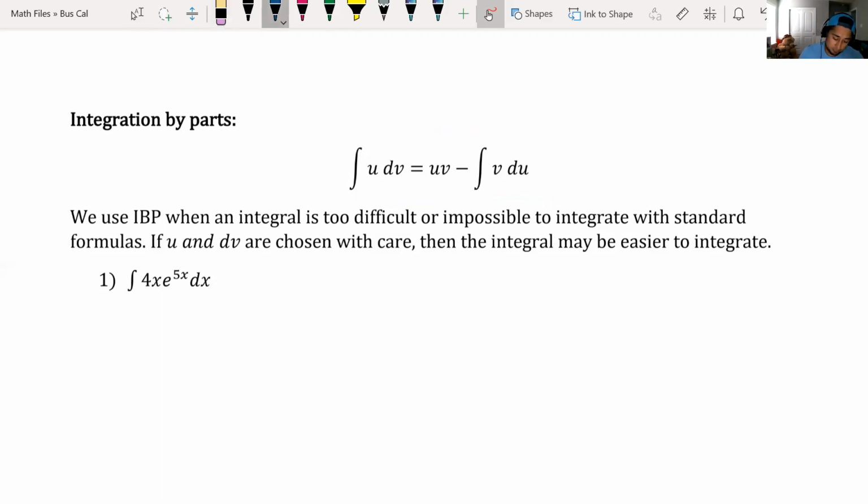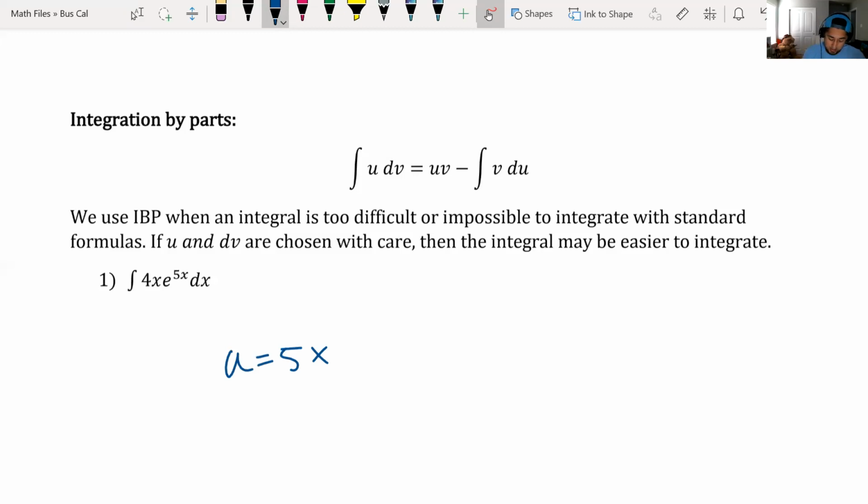So this is made for integrals that you cannot apply substitution for. Here, if we try to use the substitution method, it would not work, right? The reason it wouldn't work is, let's say that we wanted to make u 5x.